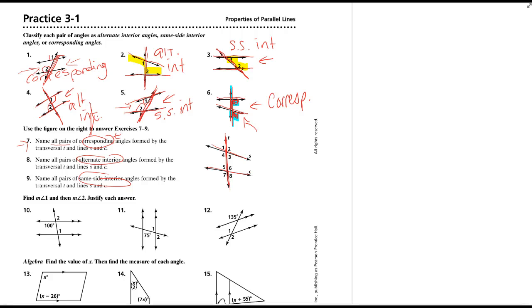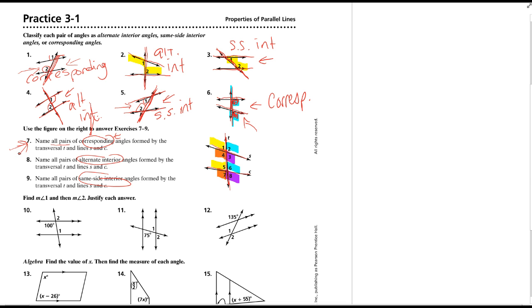I'll color code them for you. 1 goes with 5, 2 goes with 6, 4 goes with 7, 3 goes with 8. You have to write all of these pairs in order to completely answer number 7.